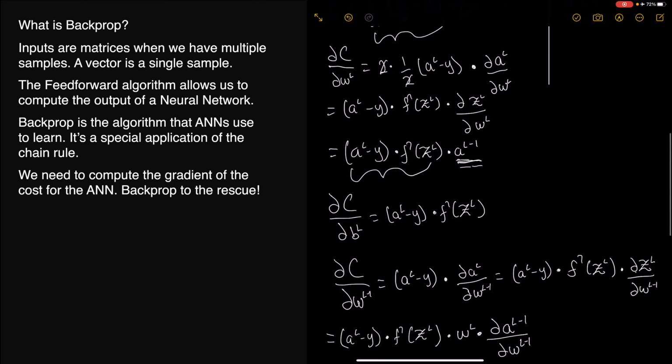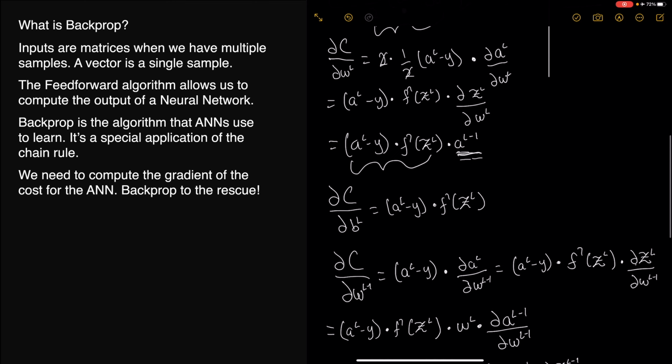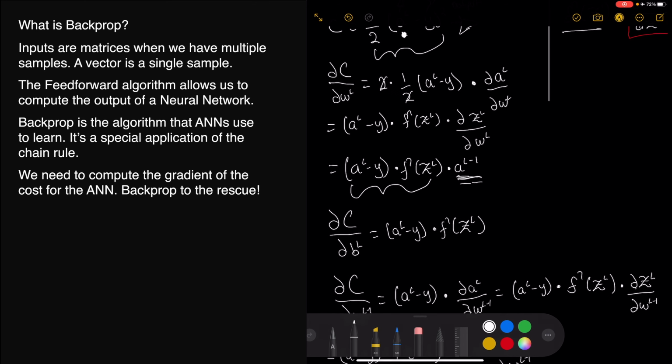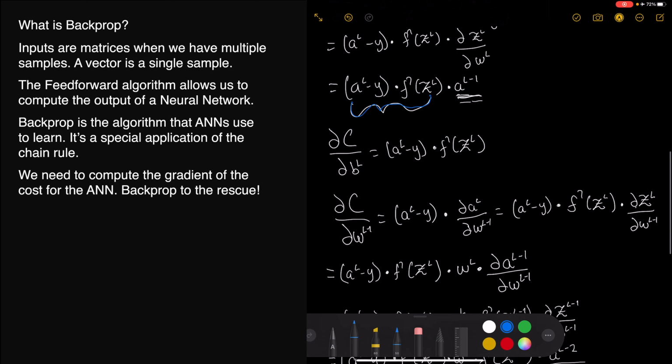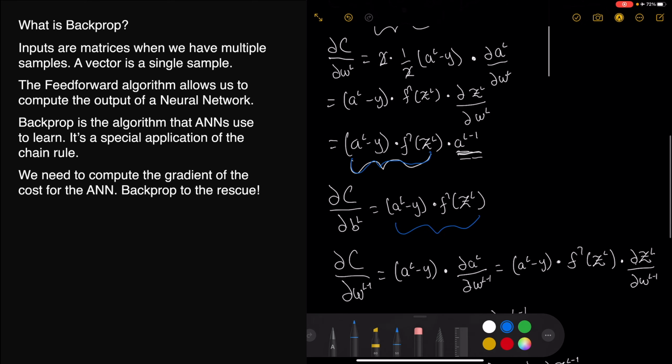Now, look at the pattern that's happening here, because again, this is all the chain rule. We have these terms here. Let me use a different color so that it's clear to see. We have this right here, which we have also in the derivative of the cost with respect to BL. And this is the derivative of the cost with respect to WL, right?